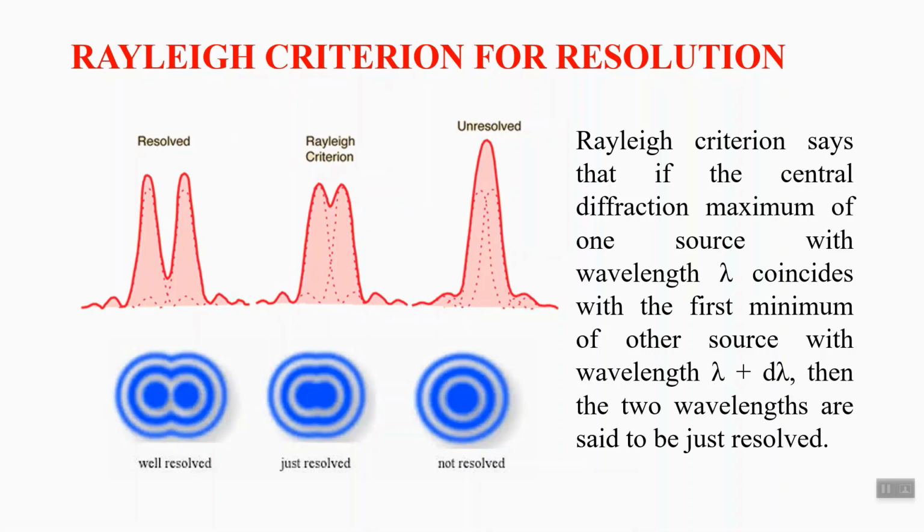The Rayleigh criterion is the generally accepted criterion for the minimum resolvable detail. The imaging process is said to be diffraction limited when the first diffraction minimum of the image of one source point coincides with the maximum of the other.